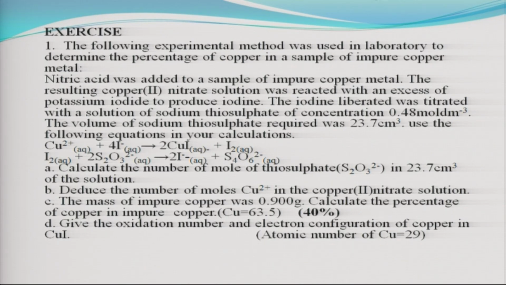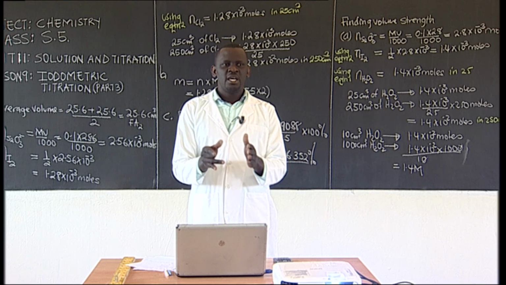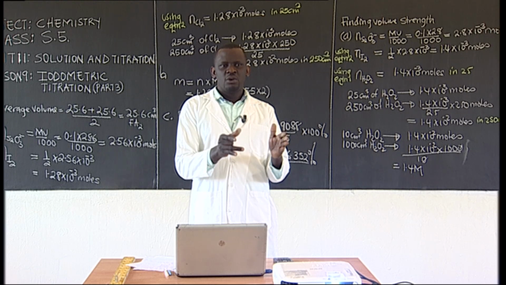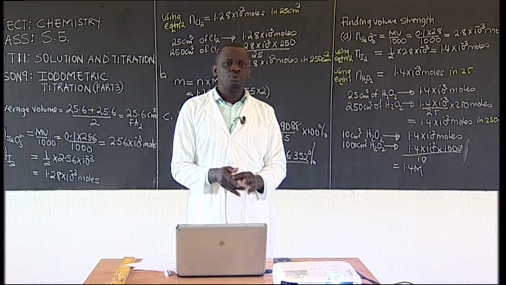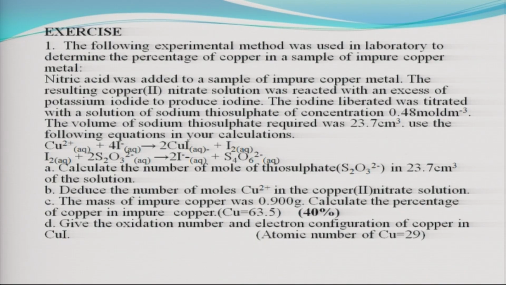So you observe this nitric acid, when it is added to copper, it changes the copper to copper 2. Then copper 2 is reacted with excess potassium iodide, as you see in our equation number 1. You observe that copper is reacting with the excess iodide.